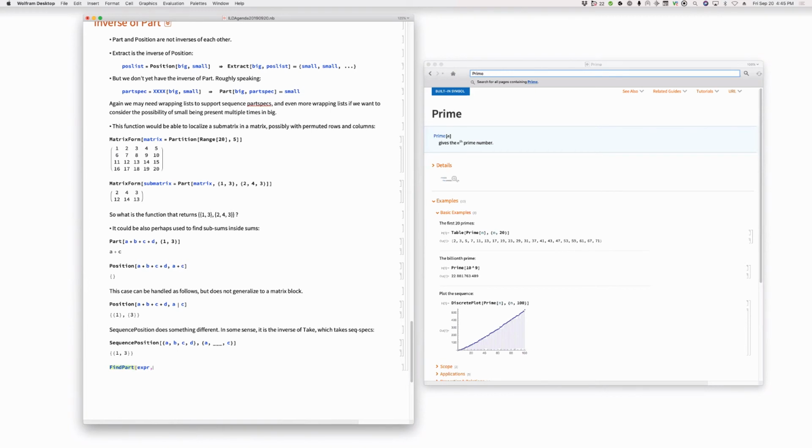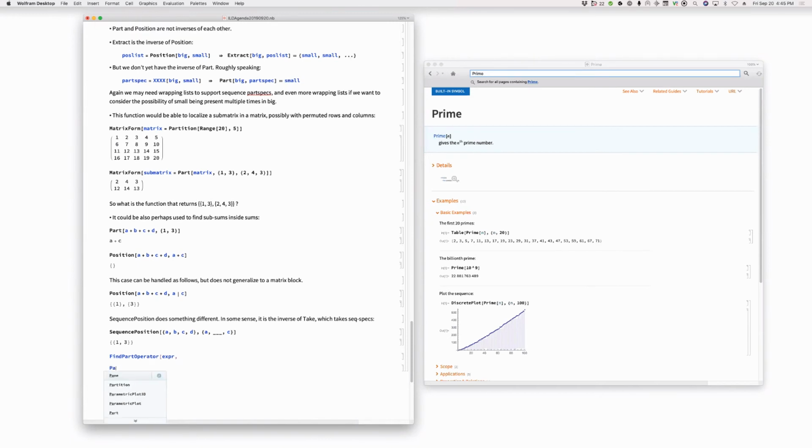Yes. And of course, we have the same problem as with position, the fact that the thing might be several times inside. So maybe we can kill two birds with one stone. If we have a part operator, then we could return the part operator that is the extractor.